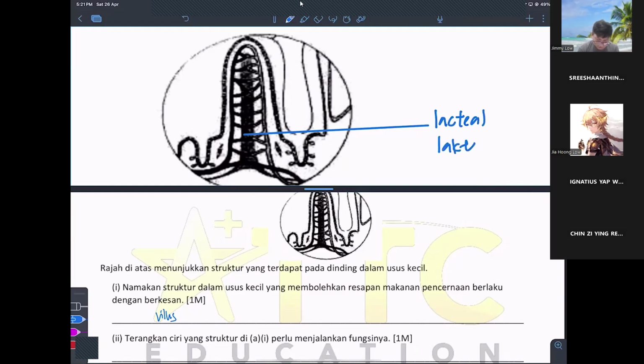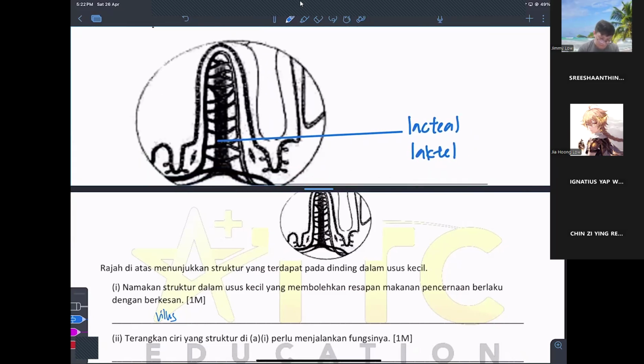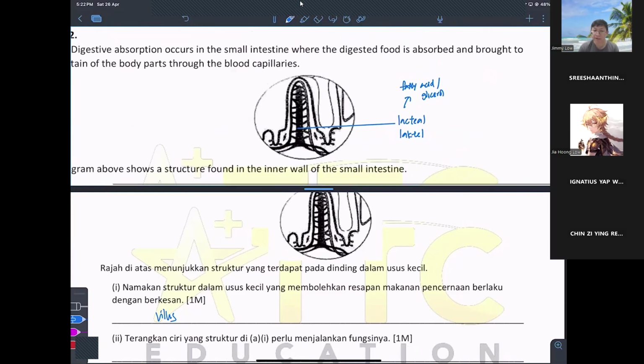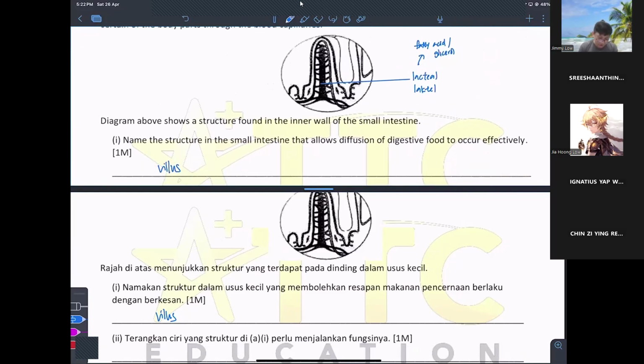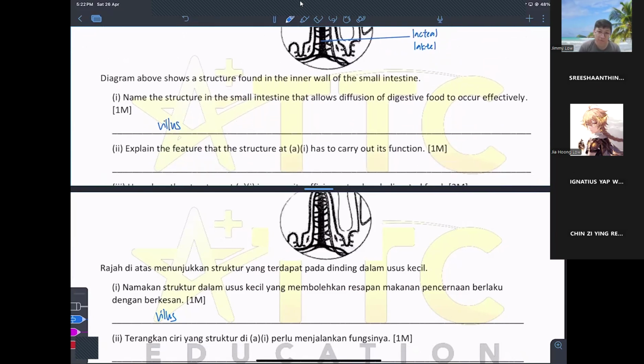It is used to absorb fats, which are fatty acid and glycerol. Fatty acid and glycerol will enter the lacteal and go to the lymphatic system first and then into your bloodstream. Just to let you know that this is the lacteal, used to absorb fatty acid.